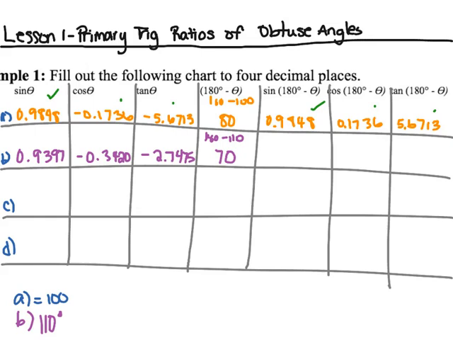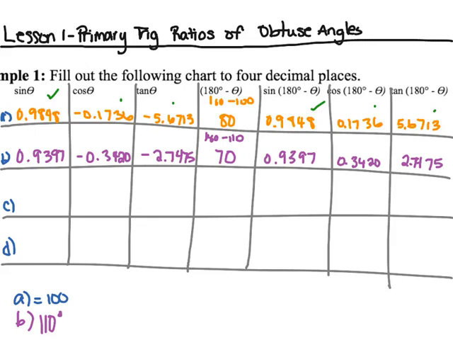So now the rest we're going to do of 70. So the sine of 70 is 0.9397. The cos of 70 is 0.3420. And the tan of 70 is 2.7475. I want you to pause the video and fill in the rest of the chart.